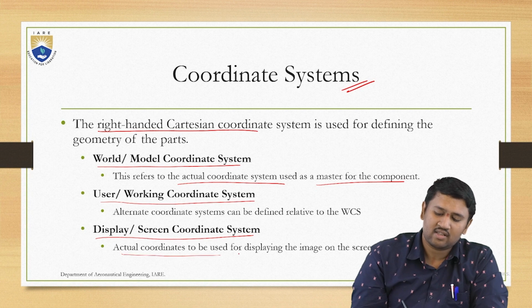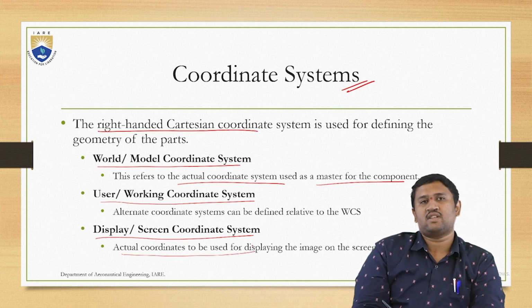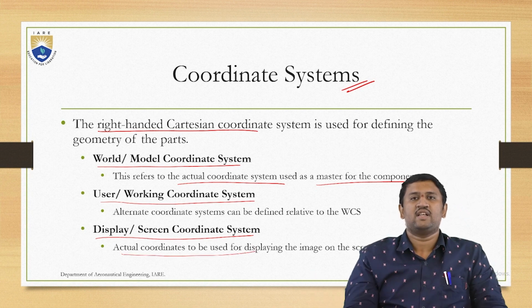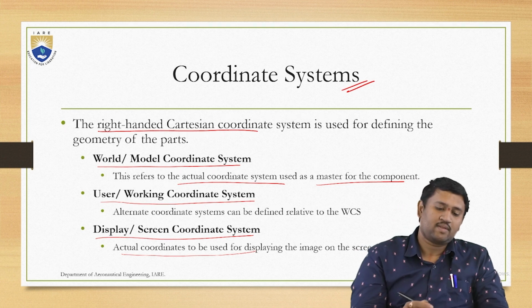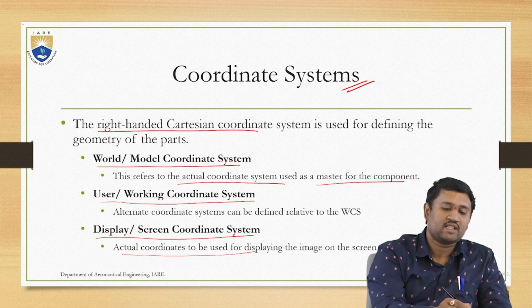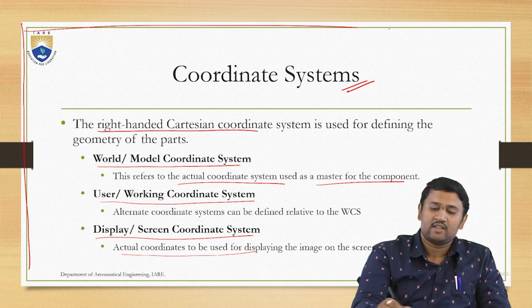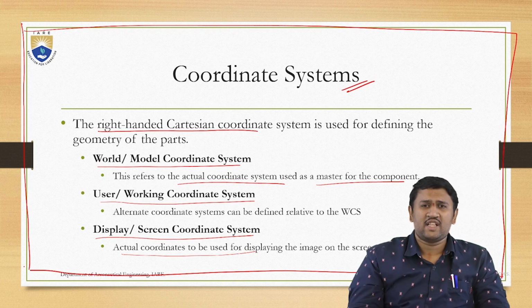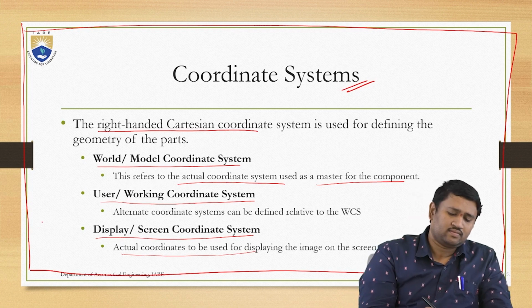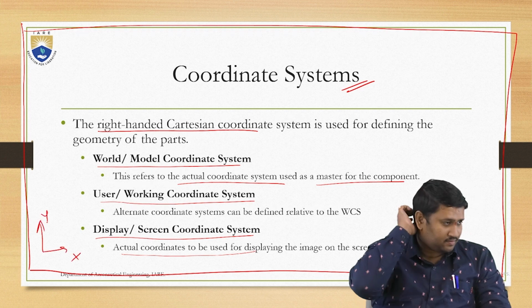Now, the last is your display or screen coordinate system. These are your actual coordinates that are used for displaying the image on the screen. For example, if what we are discussing is on my screen, for a 2D image you will be using x and y.